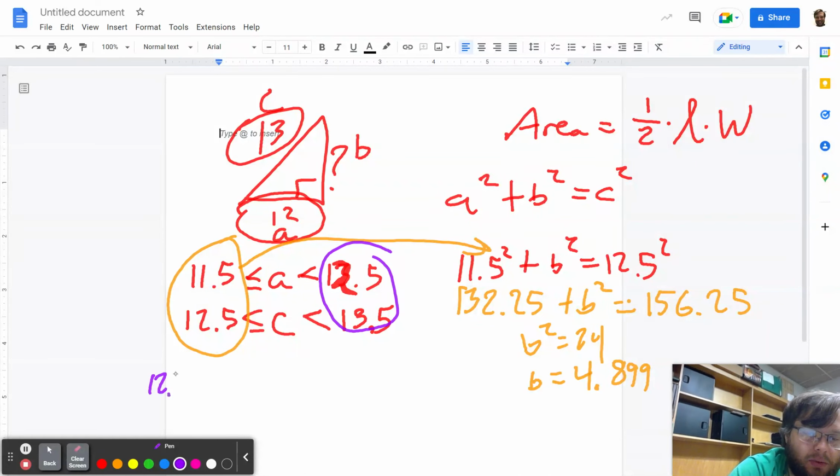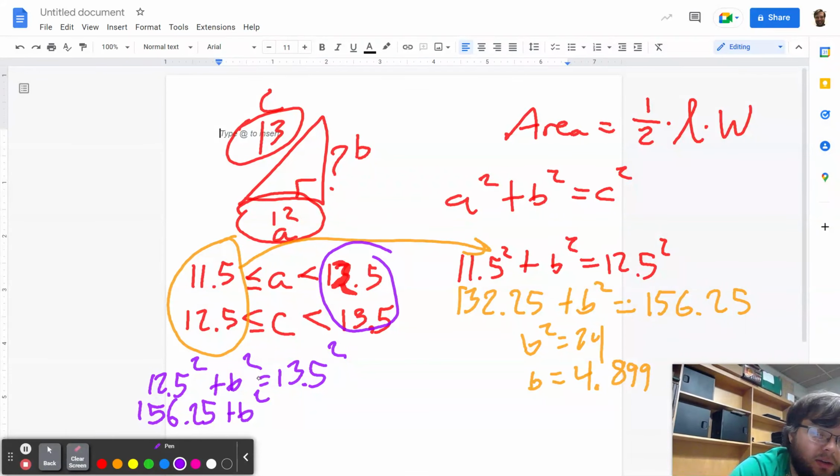So I can set up 12.5 squared plus b squared equals 13.5 squared. I already know this is 156.25. 13.5 squared is 182.25.